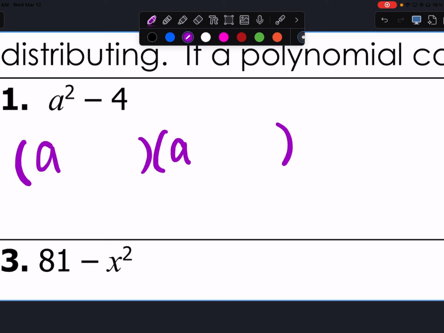What squares to give us 4? 2. What do I need to get a negative? Yeah, positive and negative. There we go, we're done. That's how we factor these. When we have a difference of squares, that is all we do, because we have to use the positive and the negative so that the middle 2 terms, when we distribute, cancel out.